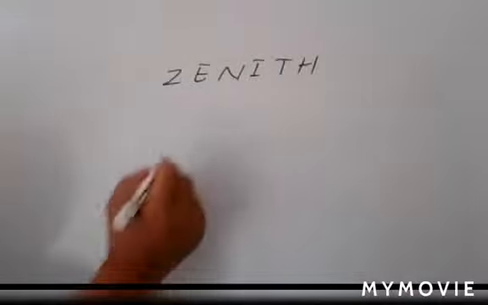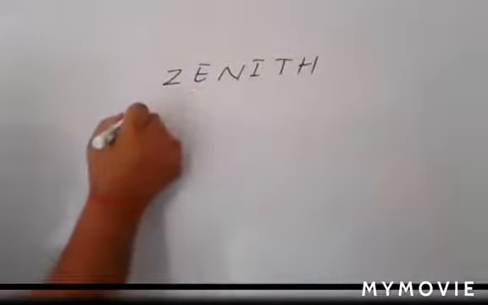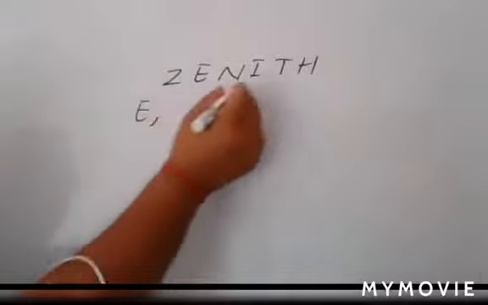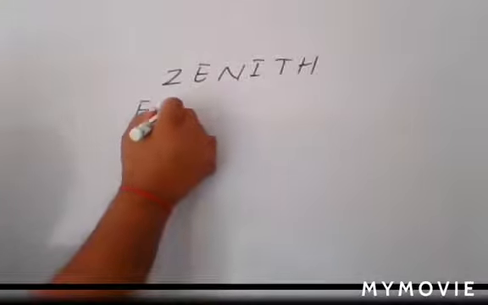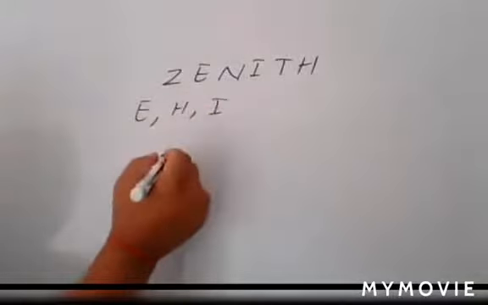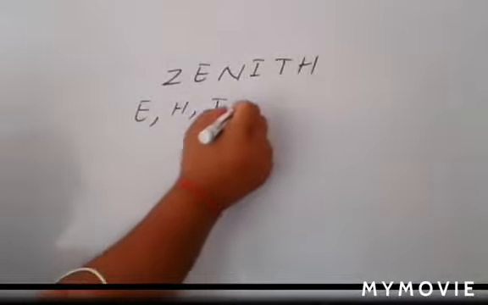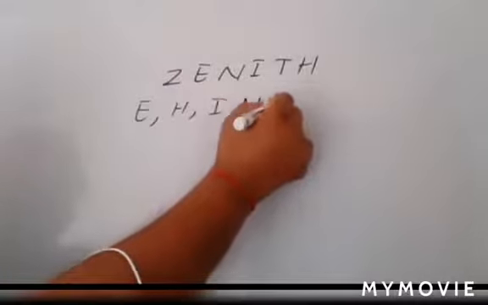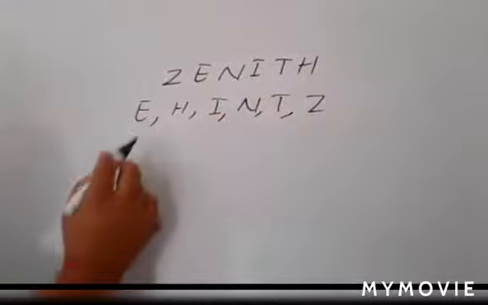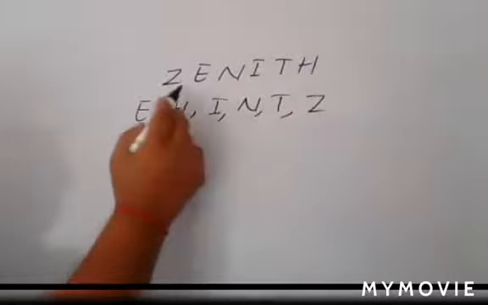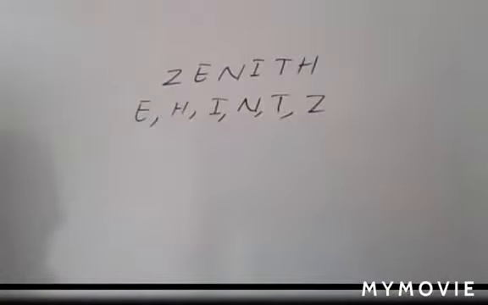So first you start with E, then you write H, I, N, T, then Z. In this way, here you write.